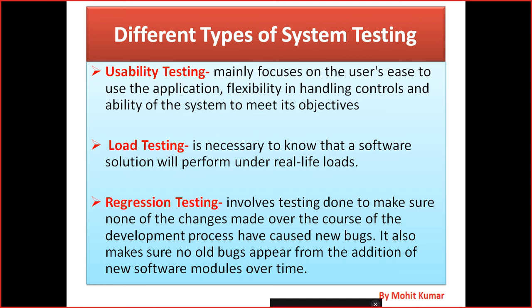Regression testing, I will also teach you in the coming session. Our automation starts from regression testing. You can say we have multiple releases: release 1, release 2, release 3, release 4, release 5.